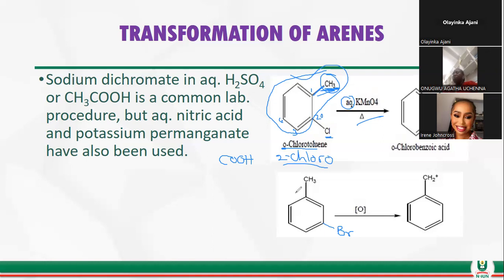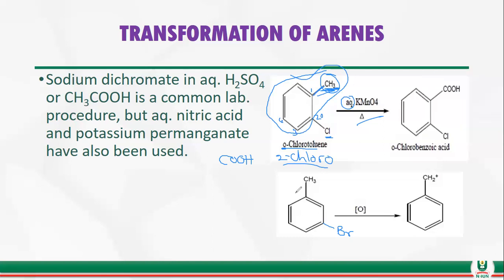If you don't want to use the figure, which is 3, and you still want to name it using alphabets, what will you call this compound? Will Agatha try? Para-bromotoluene. Wow, you tried. But I won't give it to you. I will tell you why. Because I said the methylbenzene is this place, right?